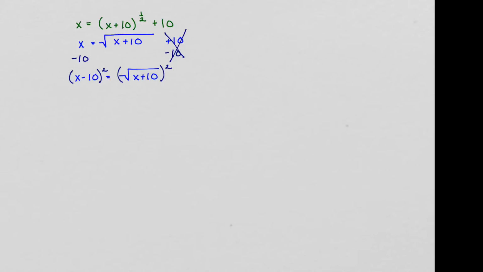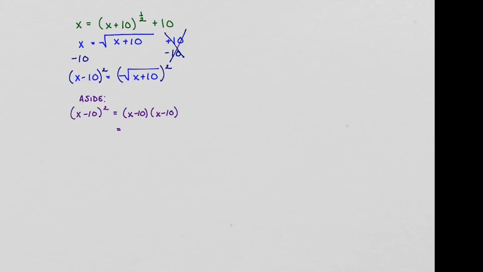So this is going to generate a bit of an aside here. In other words, I'm going to think on the side of my page. I'm going to take this time to FOIL out x minus 10 squared. Remember that x minus 10 squared is going to be x minus 10 times x minus 10, so that means we're going to have to FOIL.